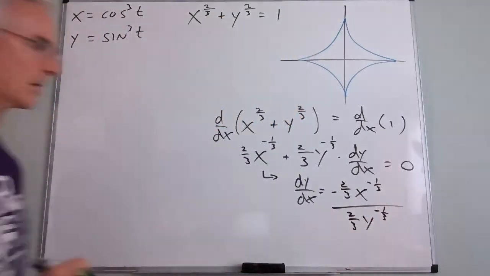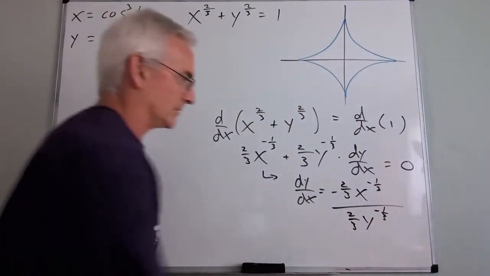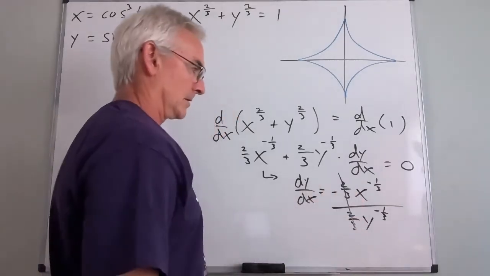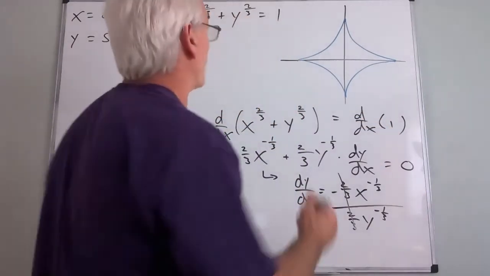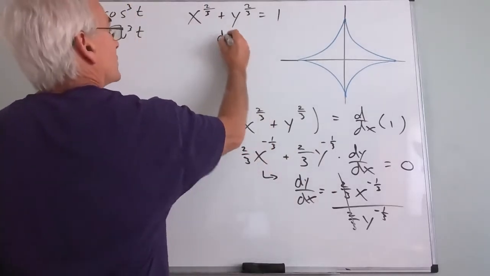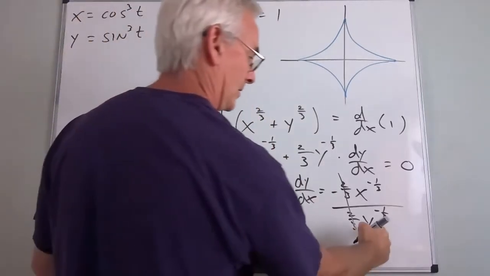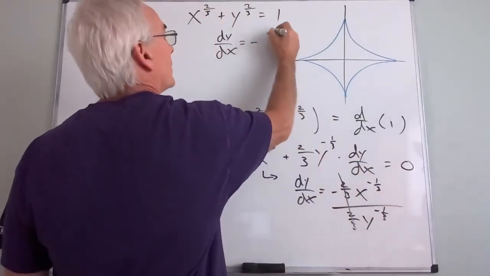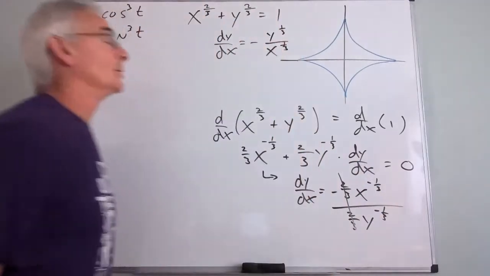Well, that just looks horrible. Can I simplify that tremendously? Well, let's start with that. I'd probably put the y up and the x down. So what does it look like in that term? It looks like dy/dx is simply the negative of y to the 1/3 over x to the 1/3, or if you want to just say cube root.